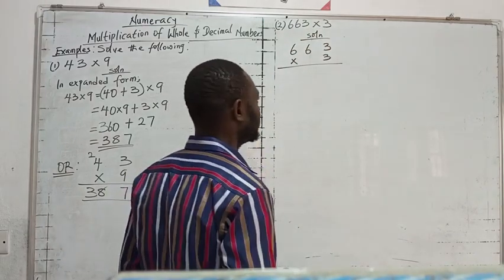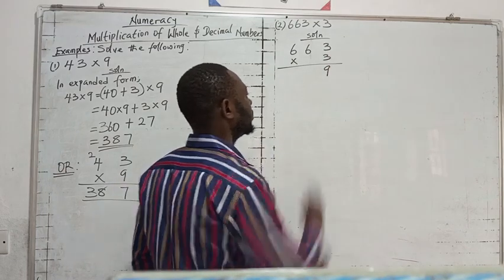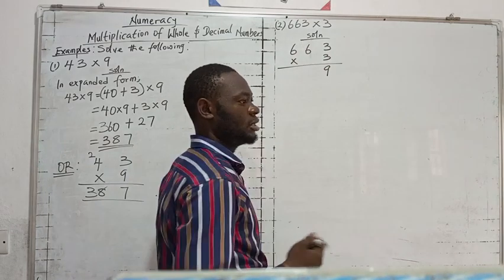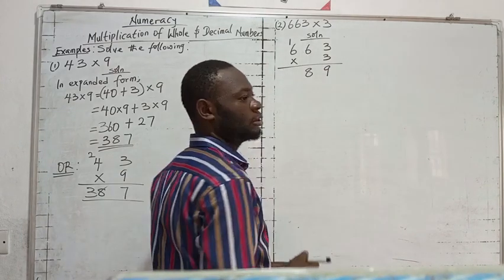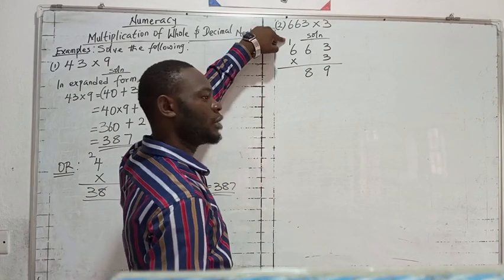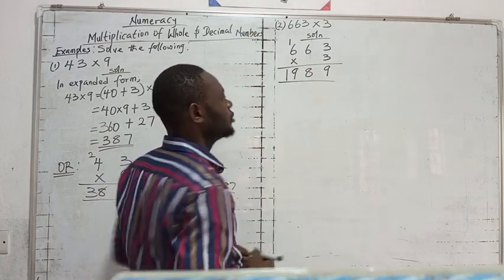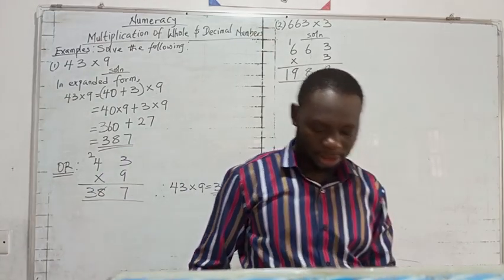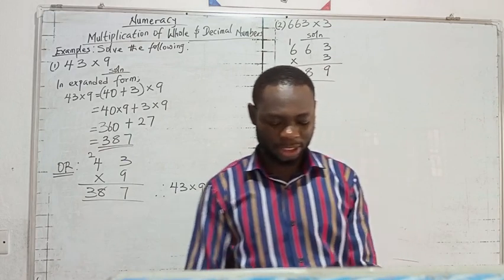Alright? Let's multiply. 3 times 3, 9. 3 times 6, 18. So you write 8 and carry 1. 3 times 6 again, 18, plus 1 that we carried, 19. Therefore, 663 times 3 will give us 1,989.